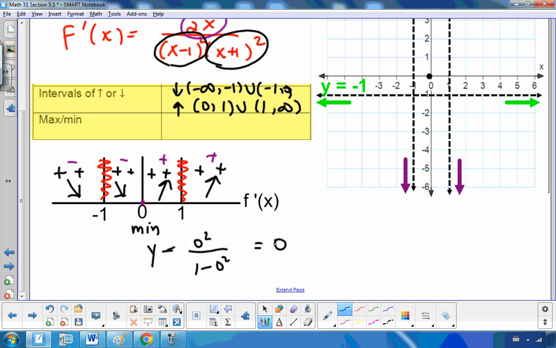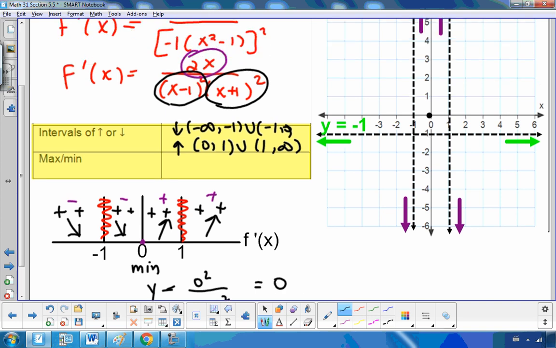And that's just 0. So that means at 0, 0, not only is it an x and y intercept, it is also a minimum value. So I have a minimum at 0, 0. So let's go on to my second derivative to look at intervals of concavity, and then we can put that all together.